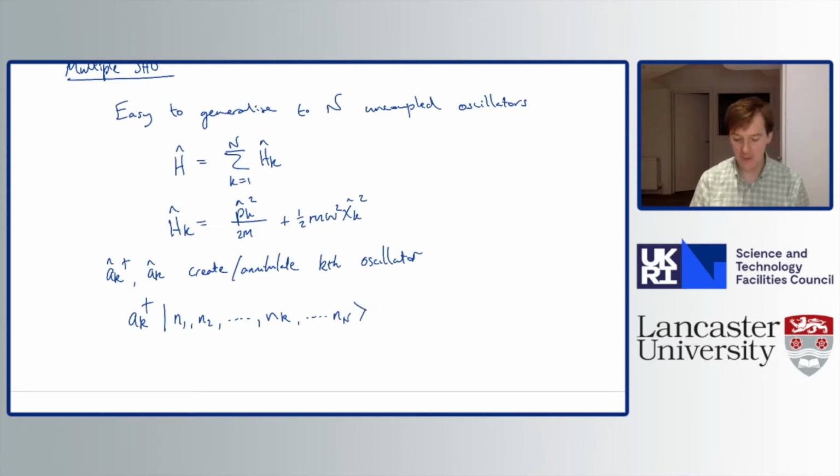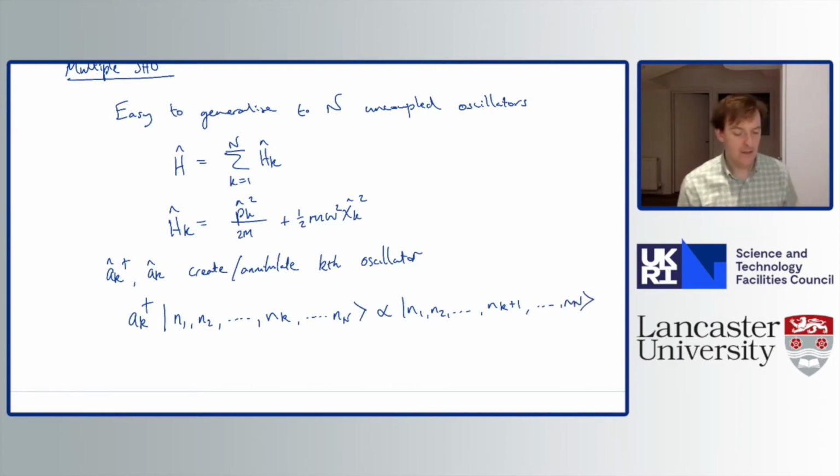There are n uncoupled oscillators. So what this creation operator does is it'll increase the occupation number for the k case. It'll go from nk to nk plus 1.